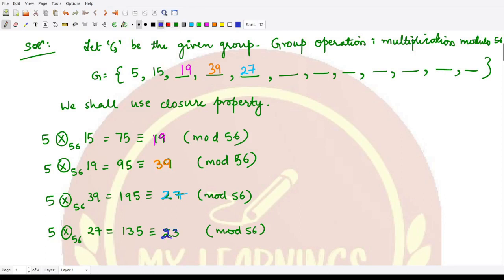So this 23 is also a member of the group, which was not known to us.